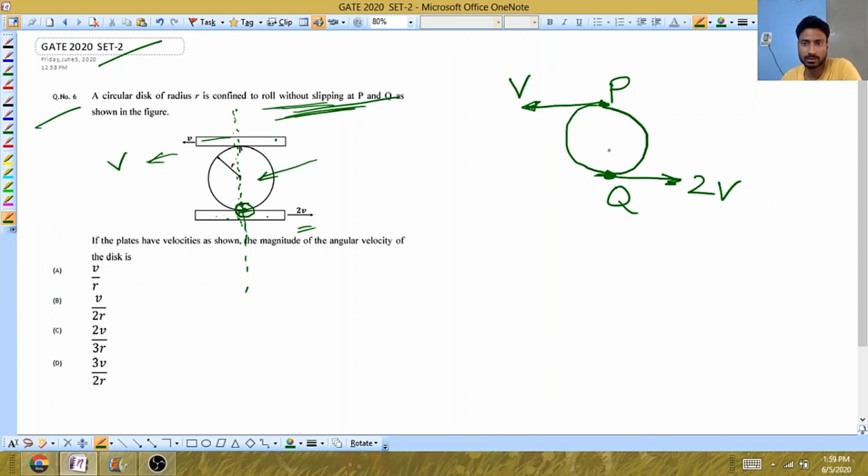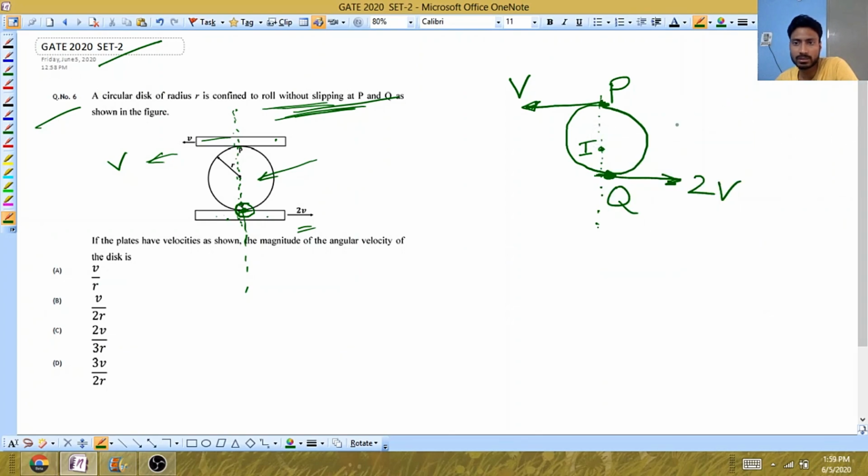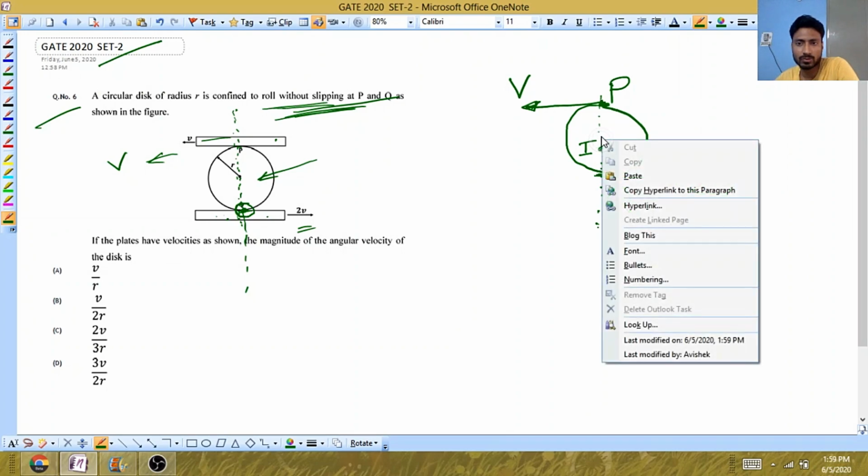So now we know that along this line the I-center will lie, but where it will lie we don't know. So suppose I consider this point as the I-center. I-center means basically the point where the object will undergo only rotational motion.